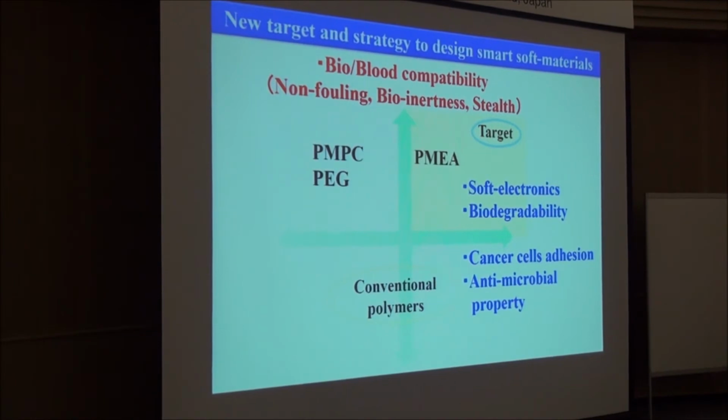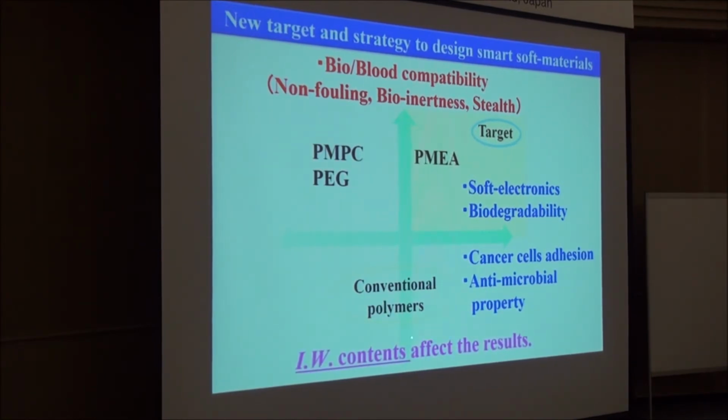But unfortunately, the red one and the blue one are always in a trade-off relationship. So it is difficult to synthesize and design such biomaterials. There is no such biomaterial so far. But the next target is here, because most medical doctors request it from us. So we are now trying to do this.